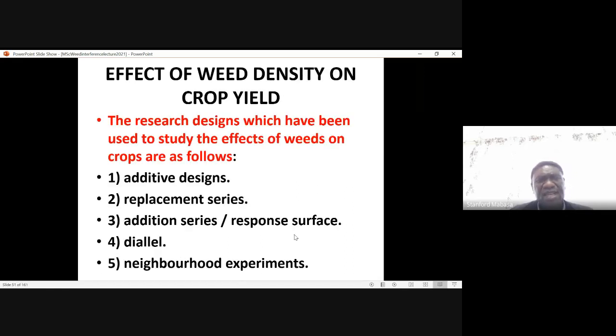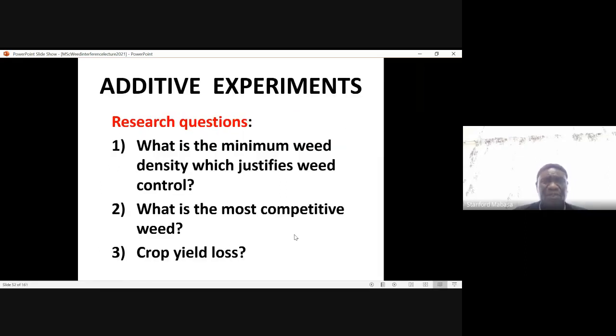So we are going to start with the additive designs. Now, in additive experiments, the research questions, or what you want to understand or find out, are these. You may have these questions.